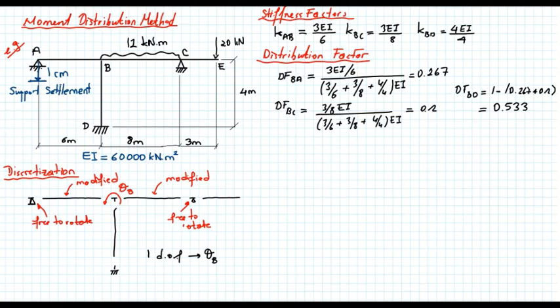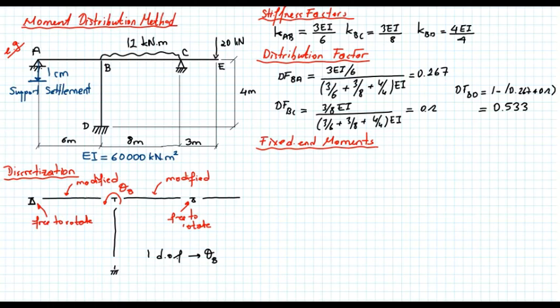Now, the next step is to calculate what happens when there is no rotation, when the rotation at B is equal to 0. We do it by finding the fixed end moments. Now, let's take a look at member AB.